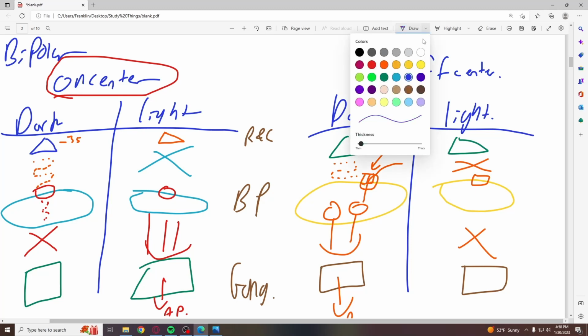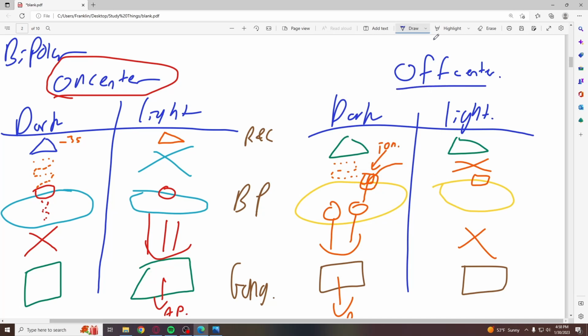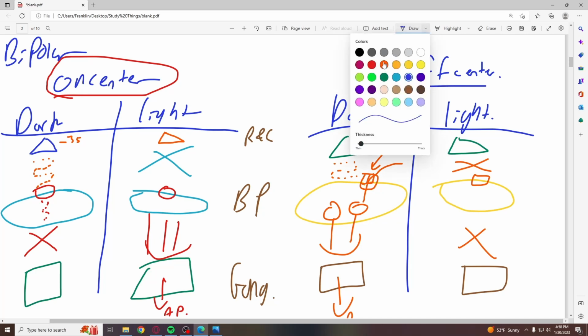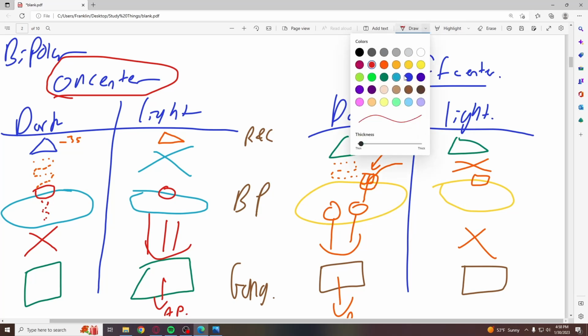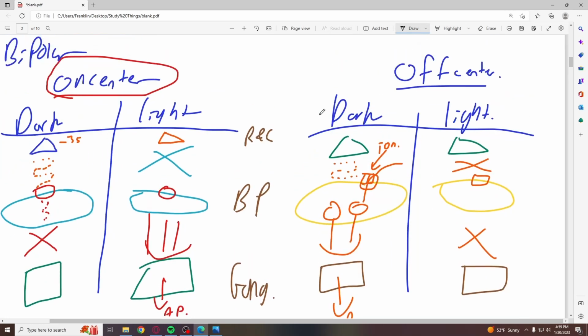Wow, this is confusing. What am I looking at, right? You guys are probably thinking that. But something I just realized in the shower while I was thinking about this: in the on center, think of it as on.